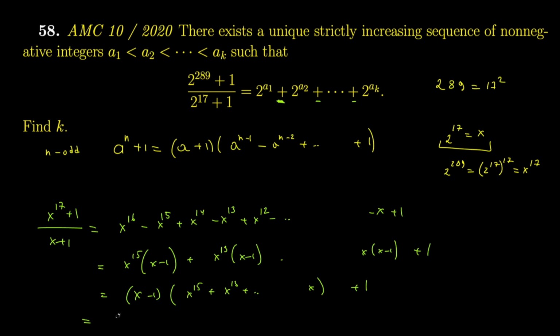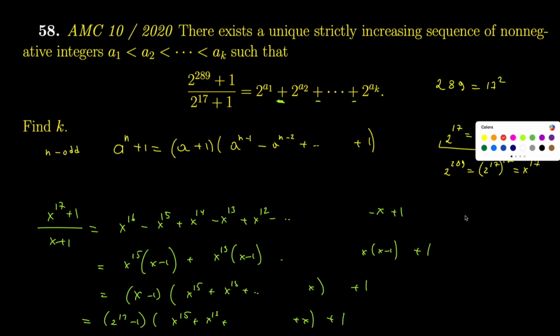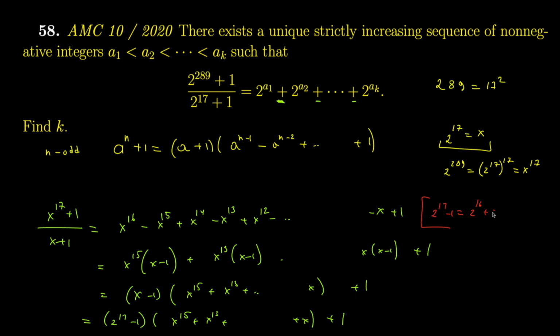The first one is 2 to the 17 minus 1, and then the parentheses here up to x and plus 1. It's known, if you use the power series, that 2 to the 17 minus 1 you can rewrite as 2 to the 16 plus 2 to the 15 up to 1. So it's just this sum written as 2 to the 17 minus 1.